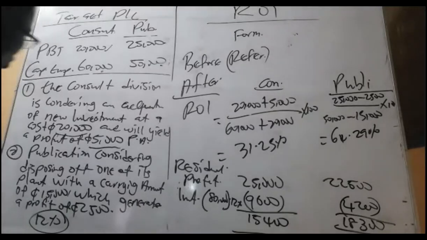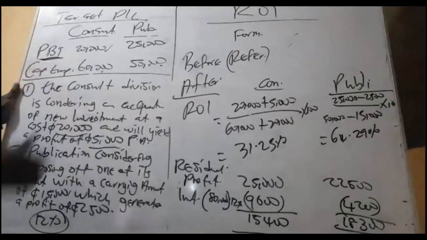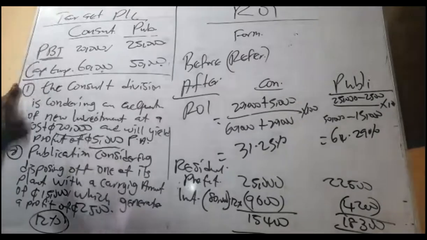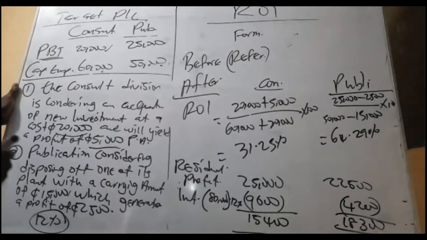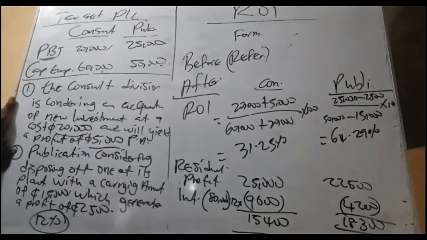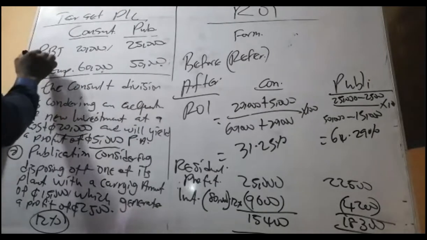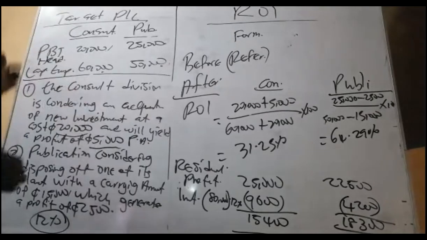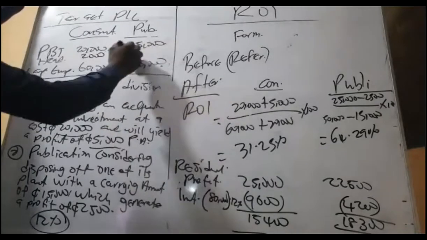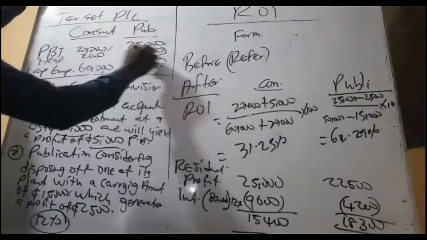And the question is this: what if the head office apportions expenses? Why is it that we don't pick the profit after tax and pick the profit before tax? Because tax is not controllable. Let's assume that head office apportions expenses here of 2,000 and here of 2,500.